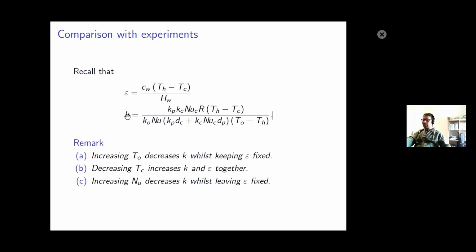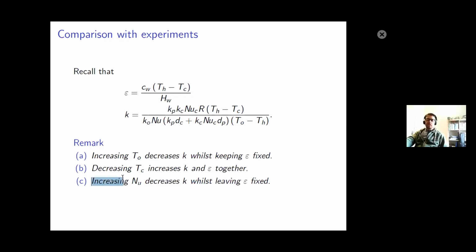So if we look at k, if we increase the temperature of the oil, if we relate this back to our original physical model, that only appears here. So if we increase the temperature of the oil while keeping everything else fixed, that will decrease this constant k. Similarly, if we decrease the temperature of the coolant, so we make the coolant jacket colder, that's here, then this will increase this term and hence increase k.